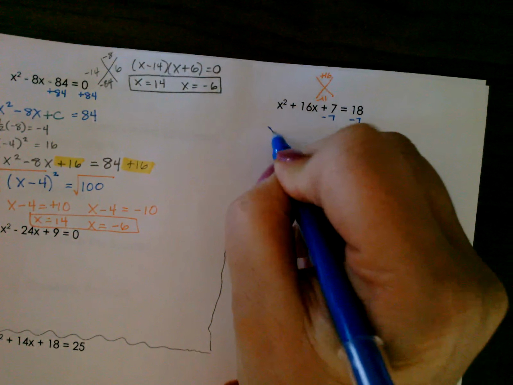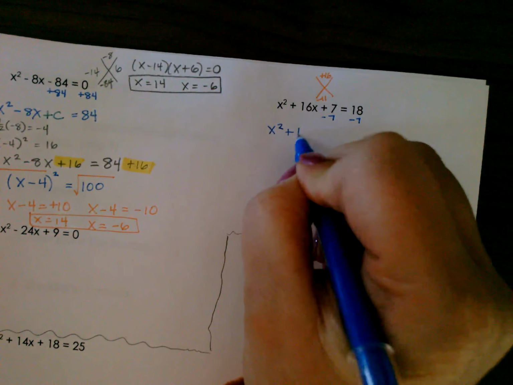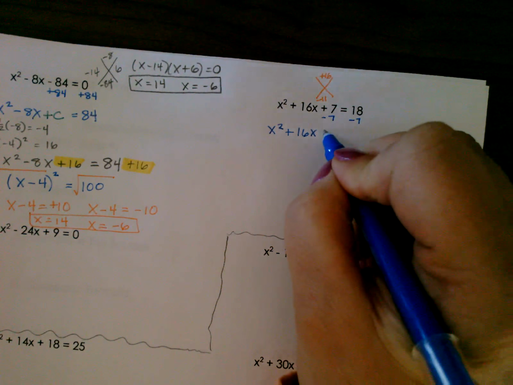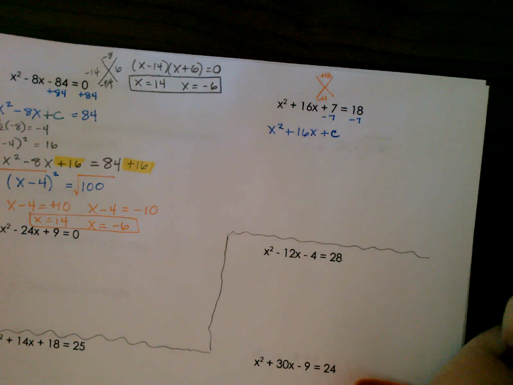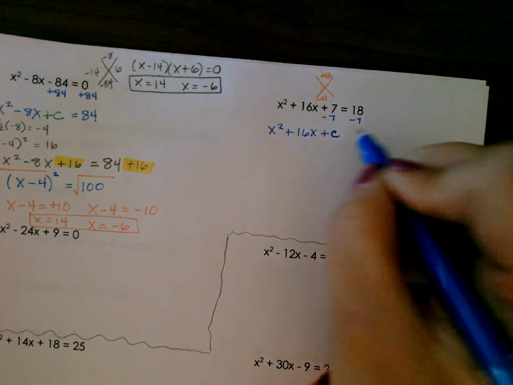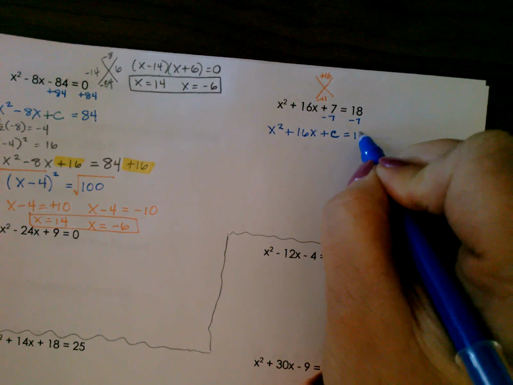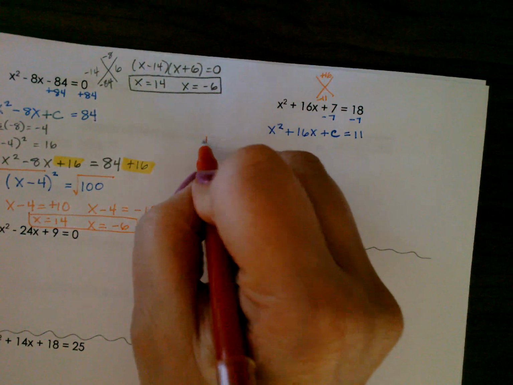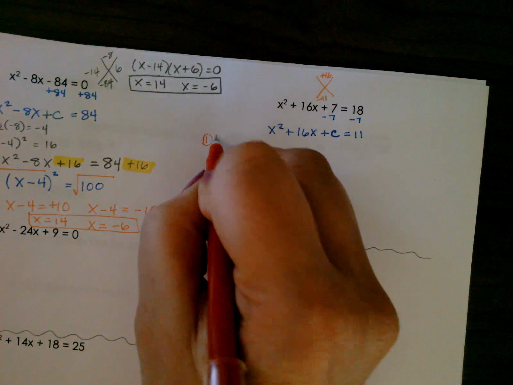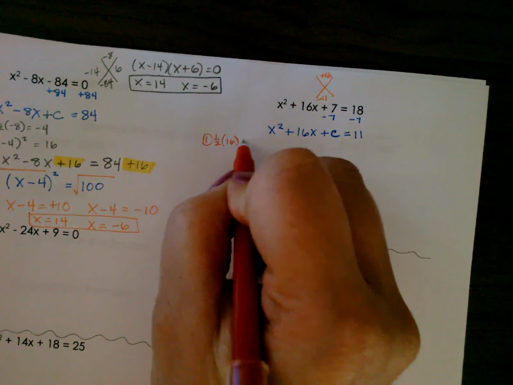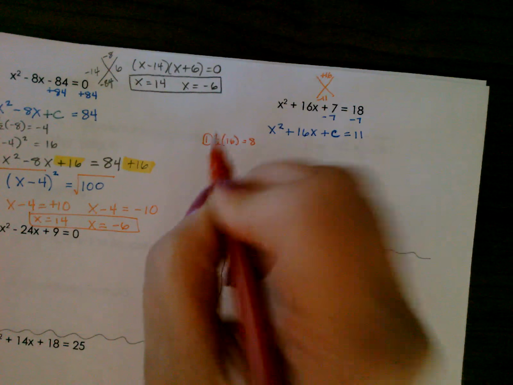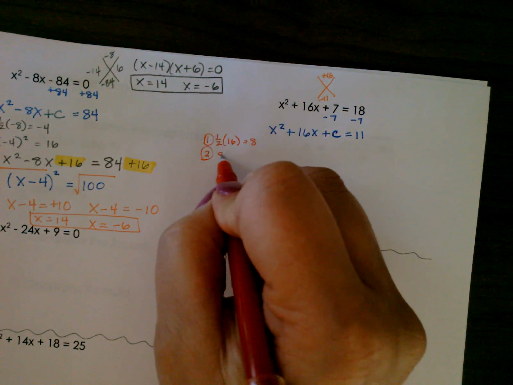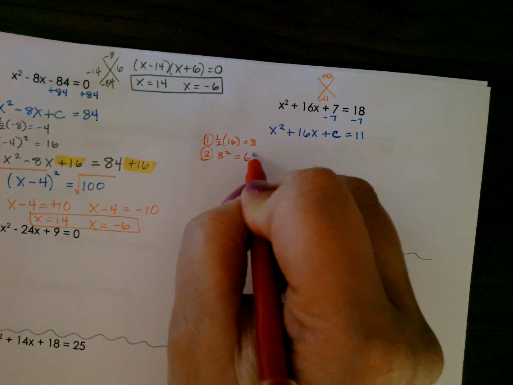And I would get x squared plus 16x plus a c that I have to figure out. I'm going to make a perfect square trinomial equals 11. We will use our 3 steps. I'm going to take half of b. I am going to square my answer to get 64.